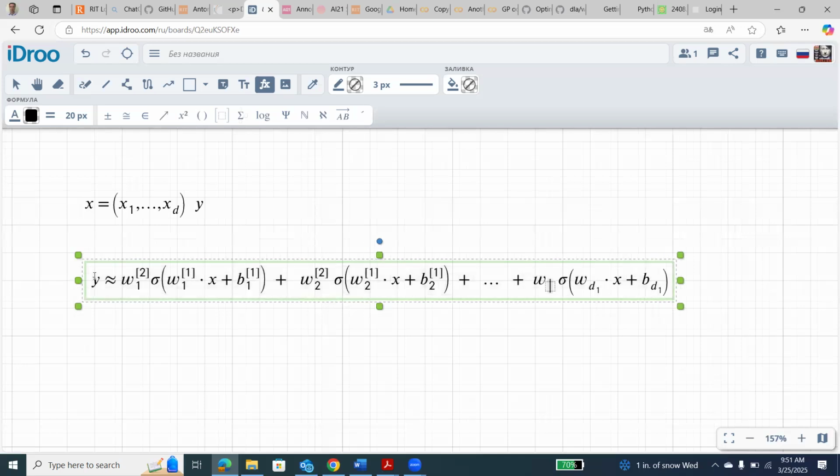And this is called, in this case, two-layer perceptron, or two-layer neural network.